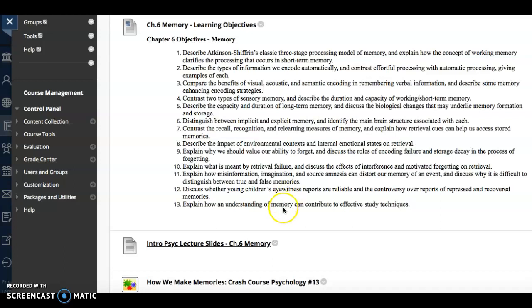We'll take a look at eyewitness testimony. That's actually going to be the topic of your discussion post this week, particularly child eyewitness reports. They tend to be more reliable because children tend not to let other things affect their memory as much as adults do.